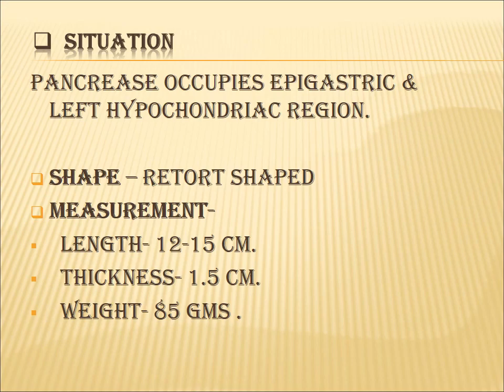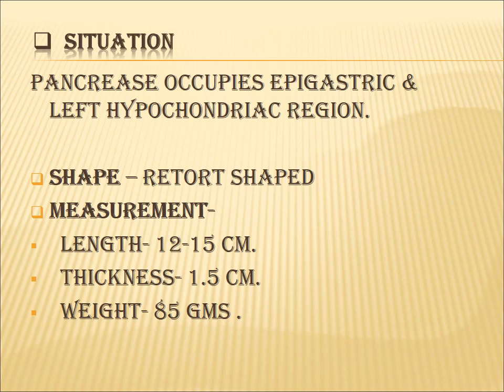At the duodenum, it is present at the level of the L2 vertebra, the second lumbar vertebra, and its tail, which goes towards the left and a bit above, to the hilum of the spleen, will be present at the L1 vertebra, the first lumbar vertebra.